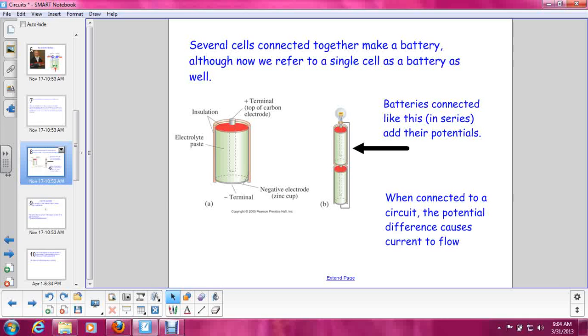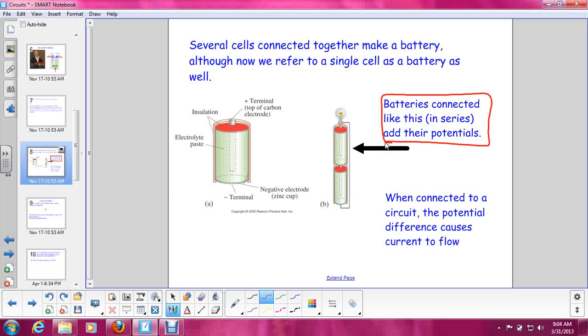Or you can have 5 or 6 or 9 or 10 of them all hooked together, and that will make the potential difference stronger. That is connecting them in series, is how we call it. So when they're in series, you can add their potentials together.